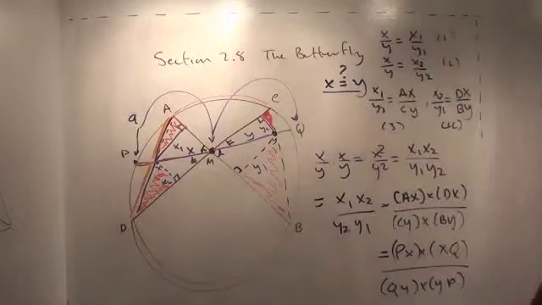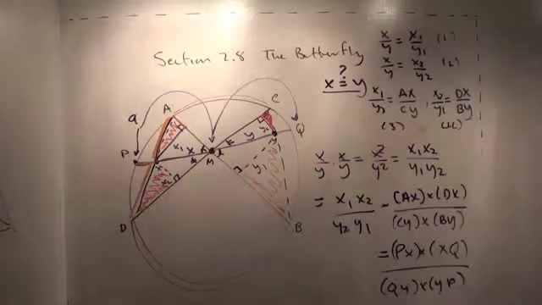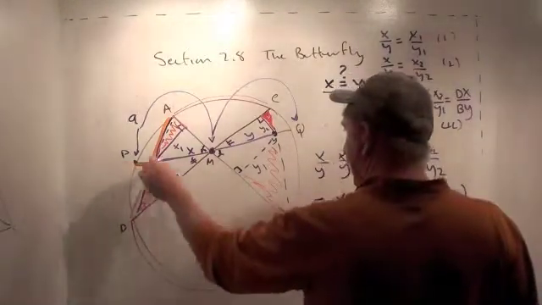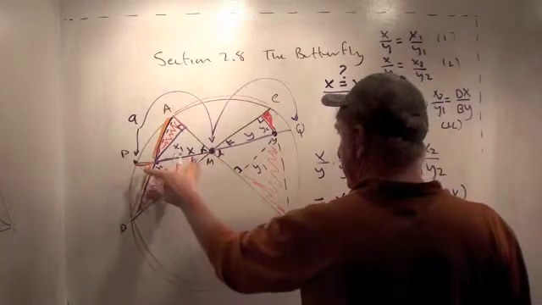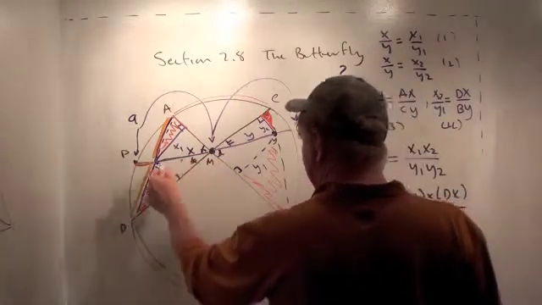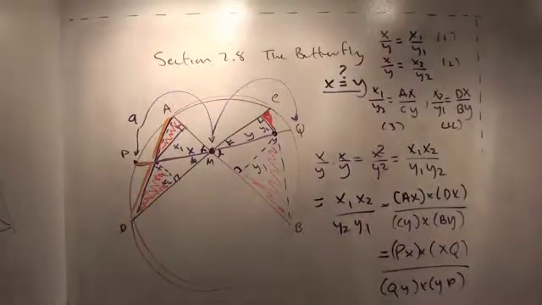Sorry, having trouble with the marker. Okay, and how am I doing on room? Just about out of room. Now you remember I called the length from P to M, A, and this distance from M to X we were just calling X. Well, PX is just A minus X then, and where shall I write this?